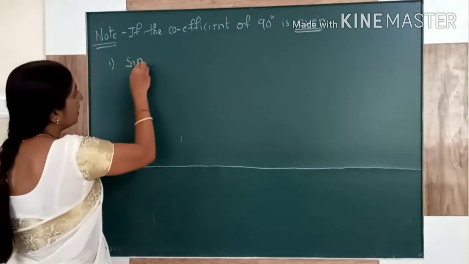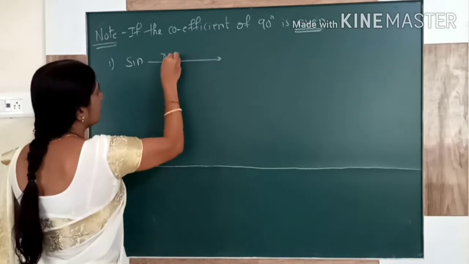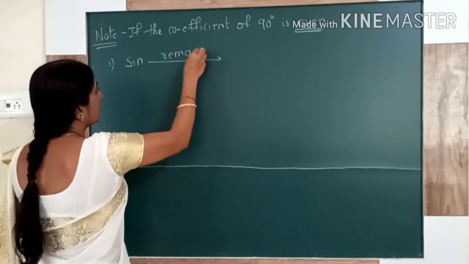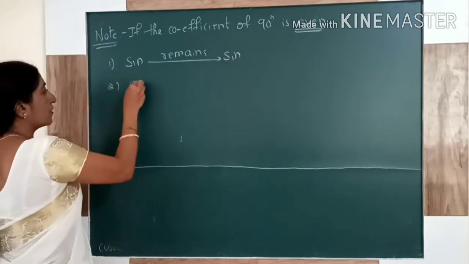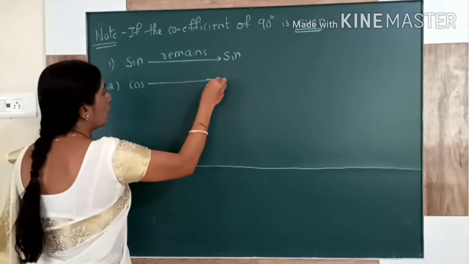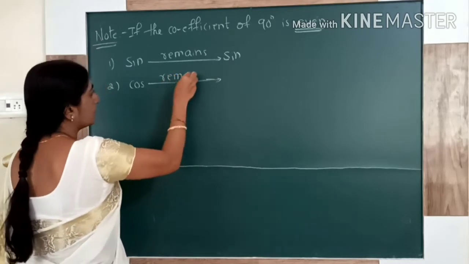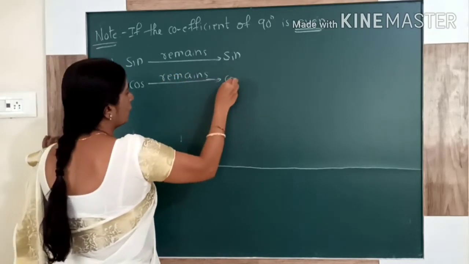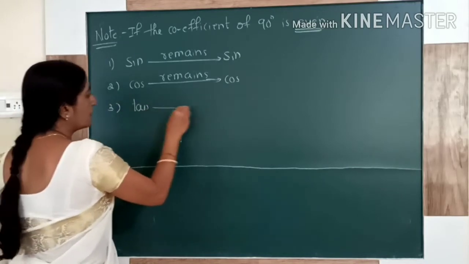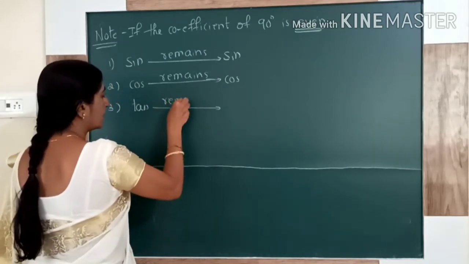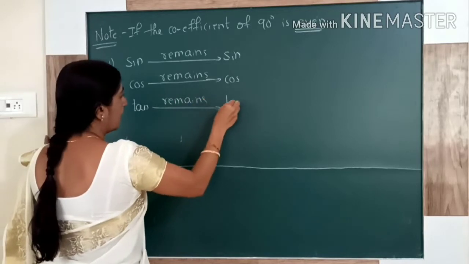Sine. The trigonometric term sine remains sine. Similarly, cos remains cos. Tan remains tan.